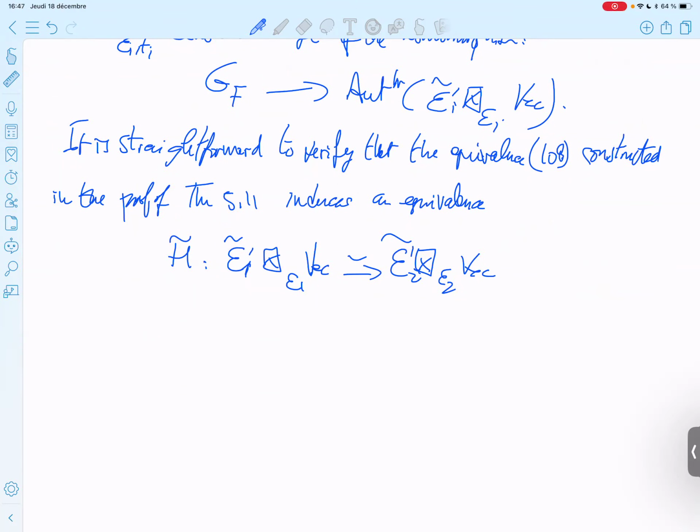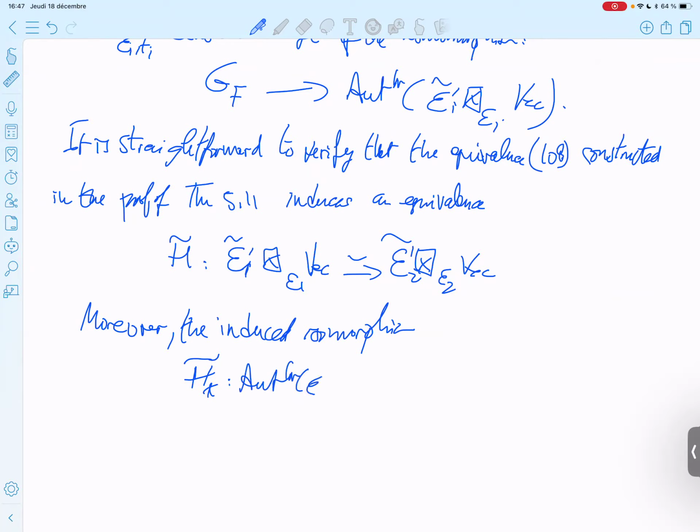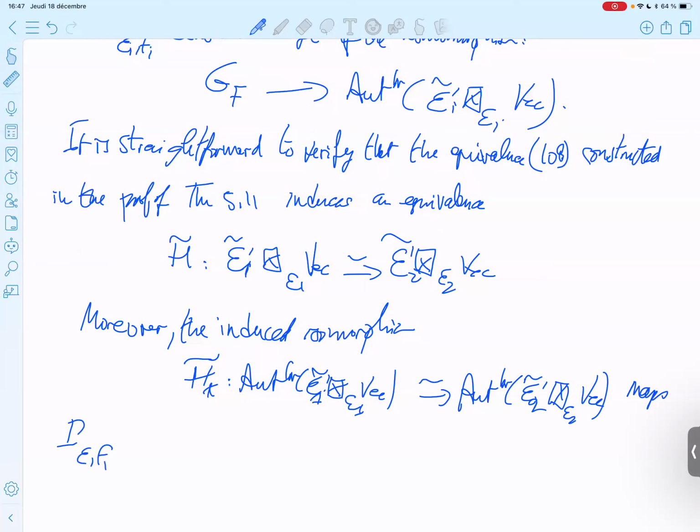With the same thing, you have the induced group isomorphism H star tilde, which maps this one back to this one.